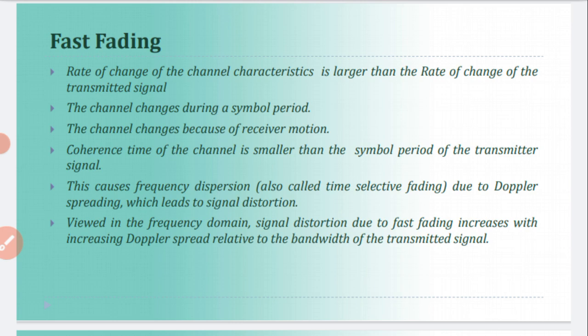Due to the changes in the signal, there will be some variation in the signal's frequency components, which leads to signal distortion. Viewed in the frequency domain, the signal distortion due to fast fading increases with increasing Doppler spread relative to the bandwidth of the transmitted signal.